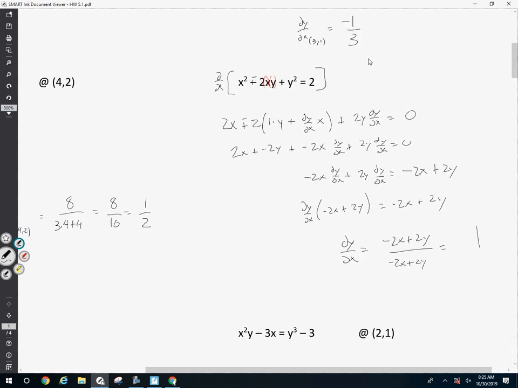You can actually factor this. This is (x plus y) squared, which equals 2. You can kind of square root it. Like, why is this a pair of parallel lines? You could actually write this as (x minus y) squared equals 2.